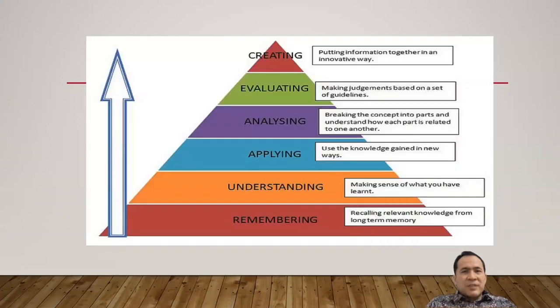So, for example, if you want to know your students' remembering skills, it means that you recall knowledge from long-term memory. It means that they just mention something or whatever. But if you want to put the information together in an innovative way, you are supposed to make your students able to create something like this.